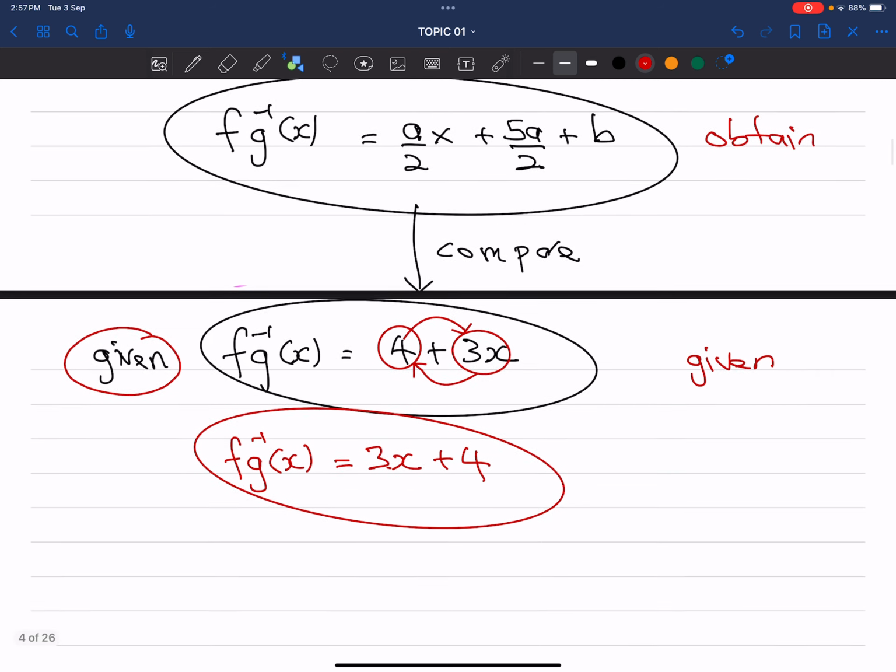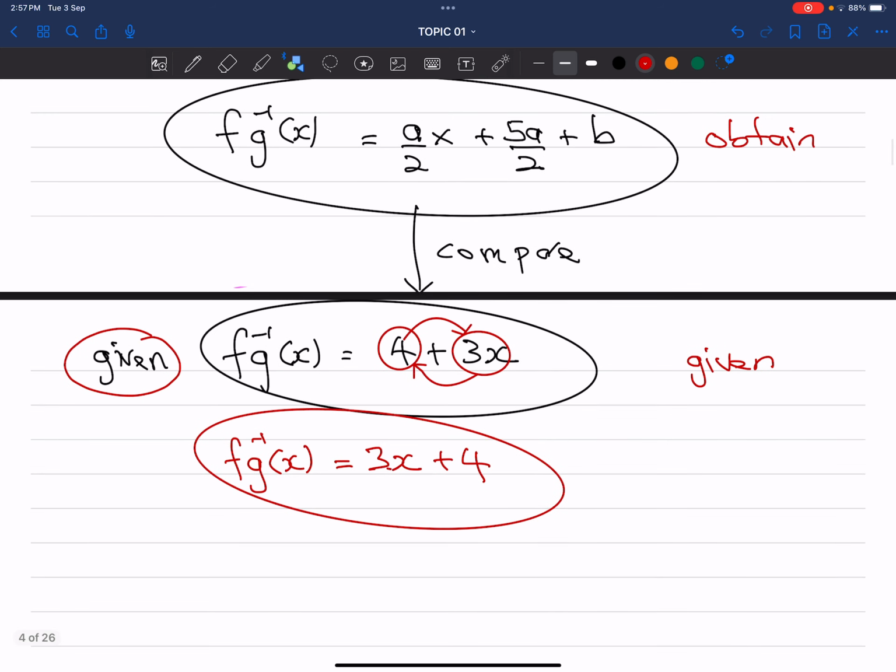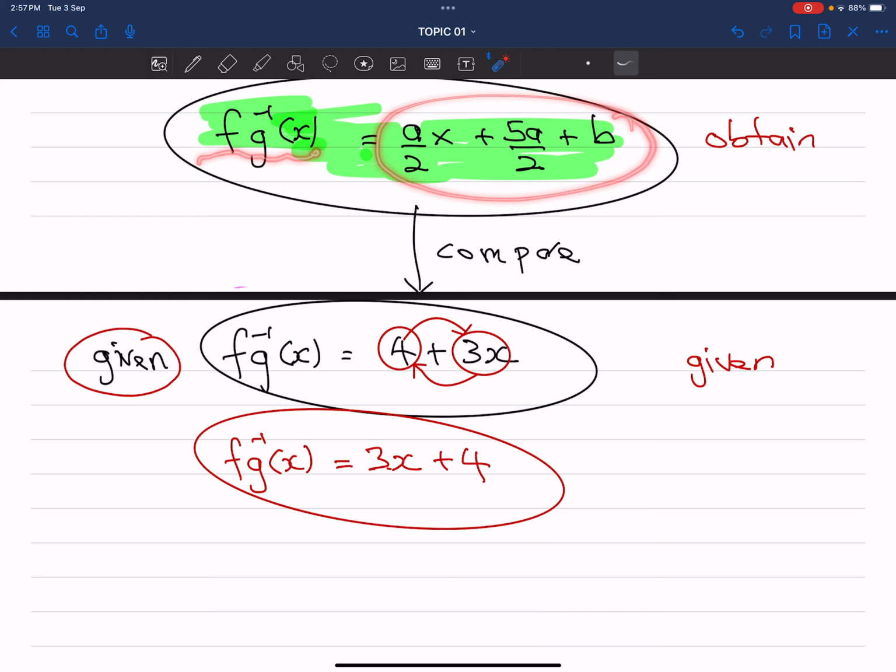You see? And now we can compare. We are going to compare the FG inverse that we obtained with the FG inverse that was given.